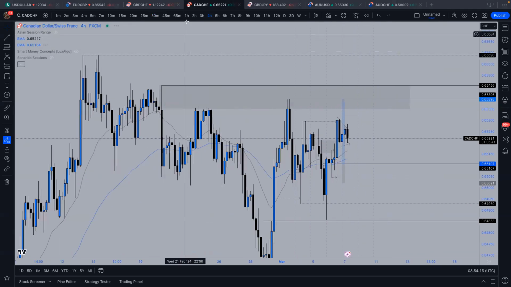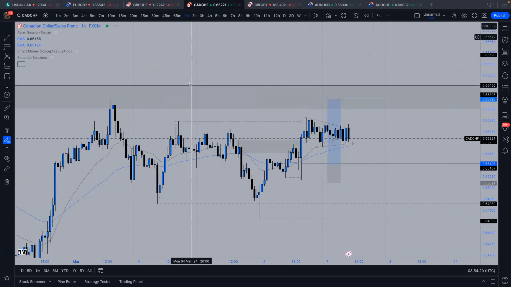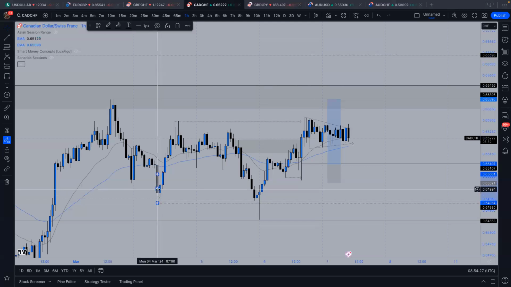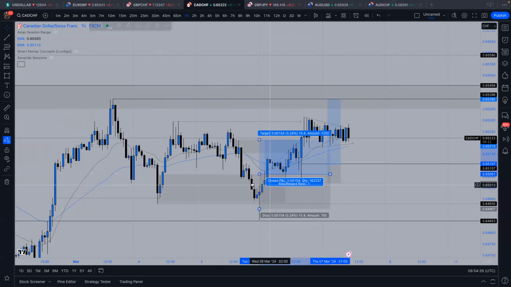I had a buy in here off this zone, and my entry was here.